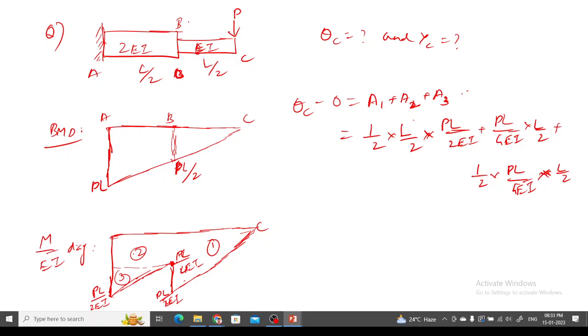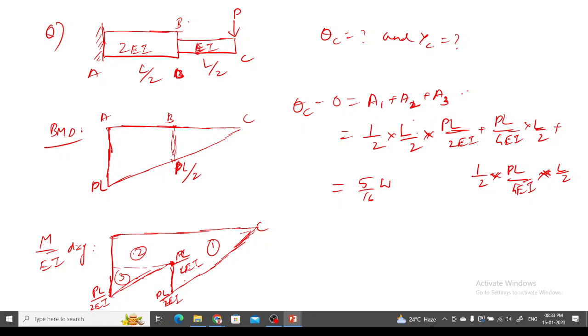Is YC equal to PL cube by 8EI? No. It should be 3 by 16 PL cube by EI. So when I simplify this, I will be getting 5 by 16. Oh, I have made one mistake here.